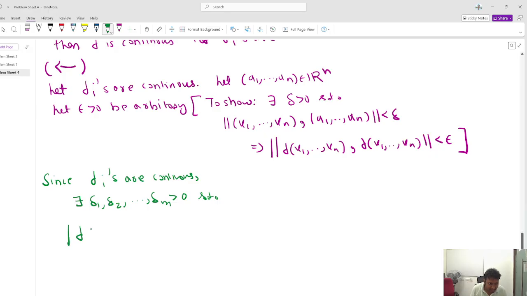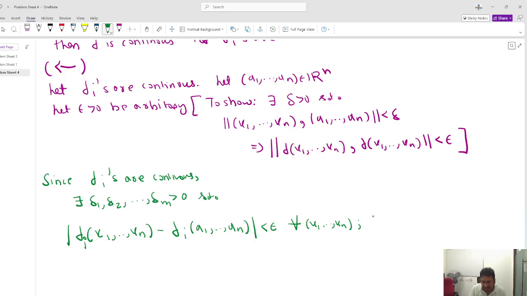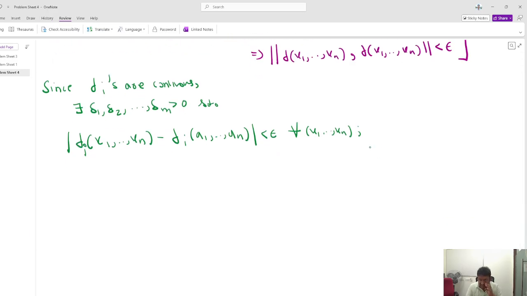Such that the modulus of fi of x1 up to xn minus fi of a1 up to an, where the fi's are functions from Rn to Rm, is less than epsilon for every x1 up to xn such that the distance of x from the point a1, a2, up to an, which is the square root of x1 minus a1 whole square plus dot dot dot xn minus an whole square, is less than delta. That's what we have been given, right?